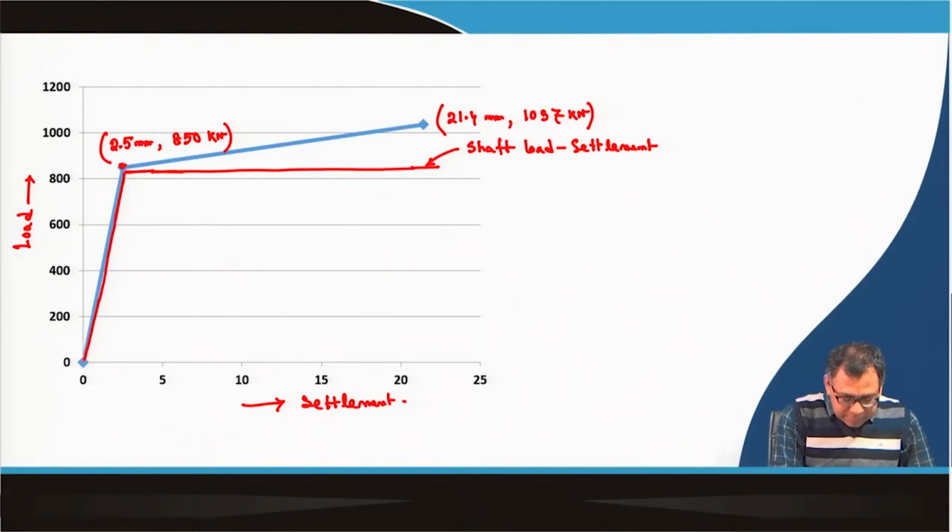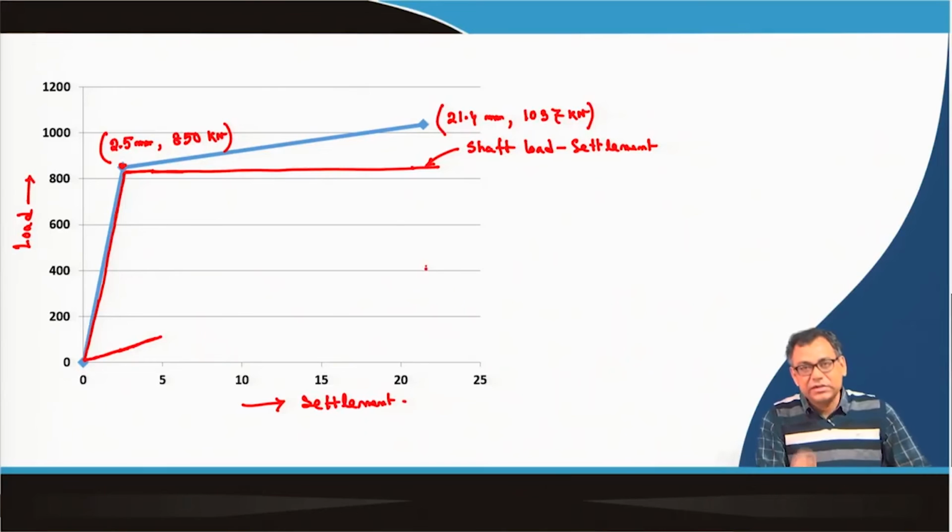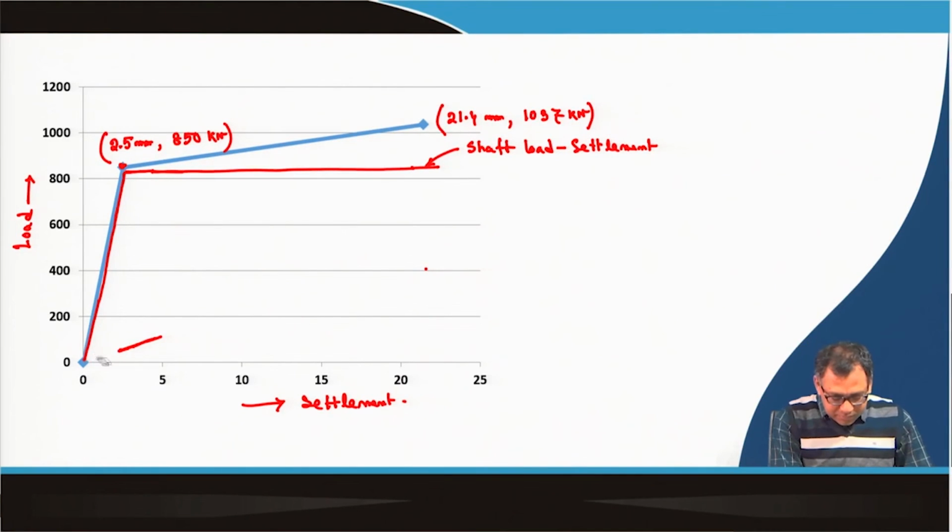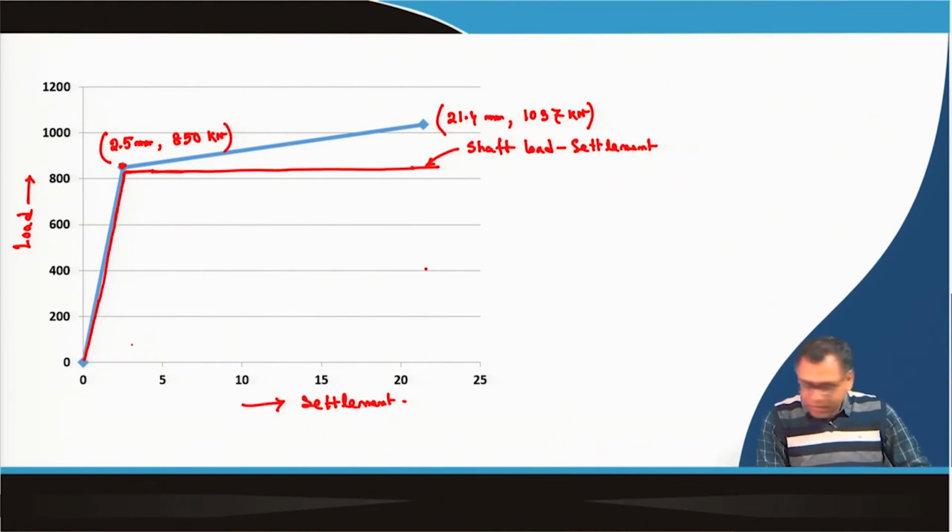And in this condition the tip resistance is only 25 at this settlement, this is the tip resistance you can say, and that will continue like this up to this value, and total tip resistance is 212. So, 212 will be somewhere here.